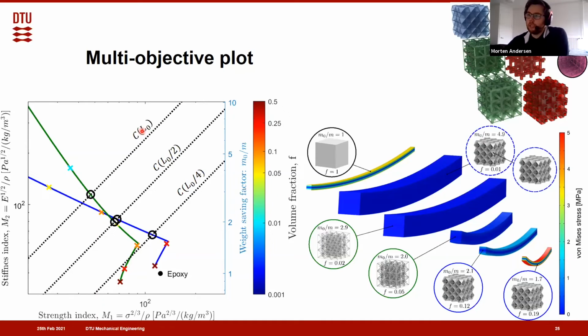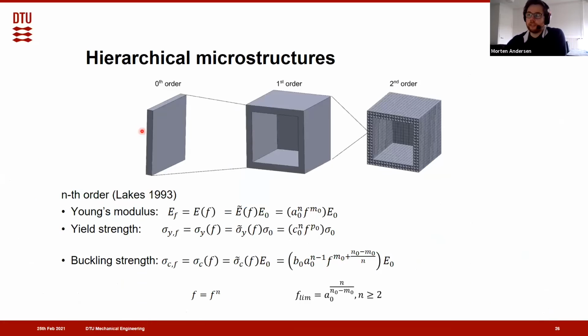So now I told you we would get into the hierarchy of these microstructures, which we have also been looking into. So we here take Lake's formulation of microstructures, which is that the microstructure is self-similar, meaning that it has the same shape and volume fraction at each level.